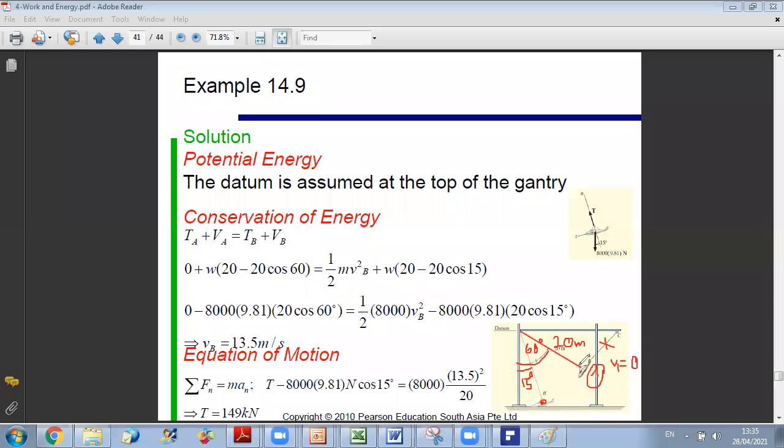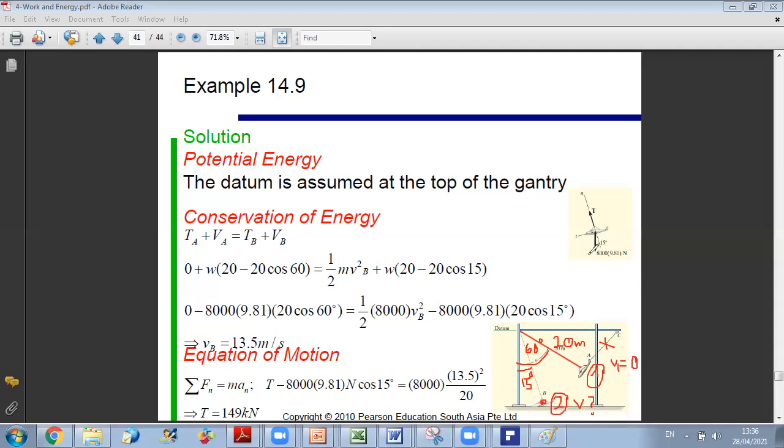We know also the position, so we can calculate the potential energy. And we know for the final position that theta is equal to 15, so also we can calculate the potential energy. But the velocity is unknown. So the only unknown is the velocity. And knowing the initial and final position, it will be a good idea to use work and energy. We can use other chapters, but you will see that work and energy will facilitate your solution a lot.